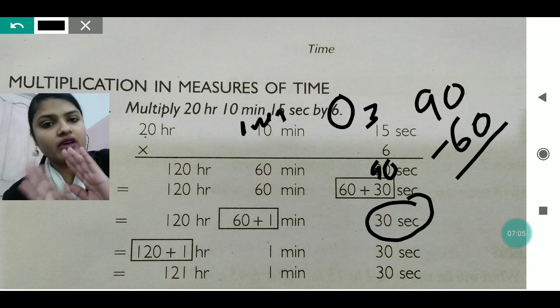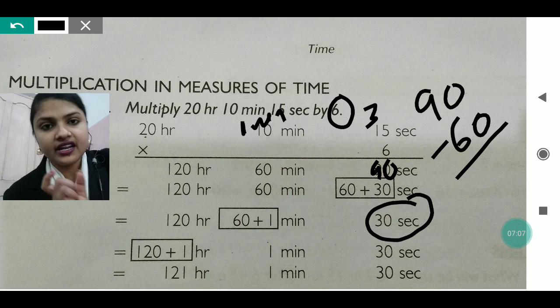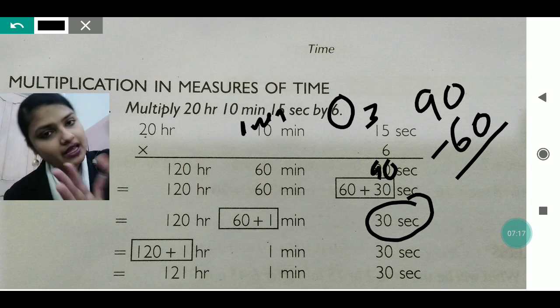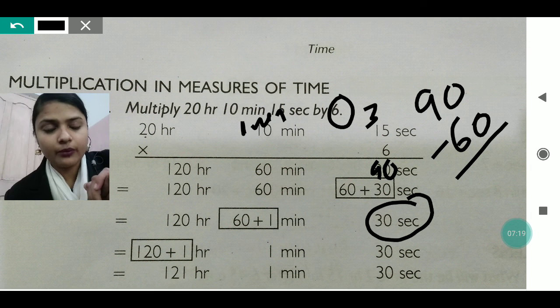We have not added it yet, we have just written it. The 30 that is left after subtracting 60 from 90 will be written as it is in the second column.